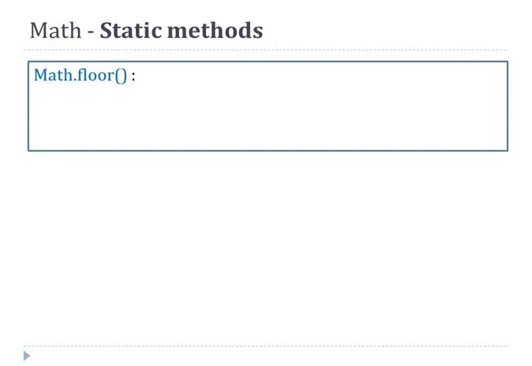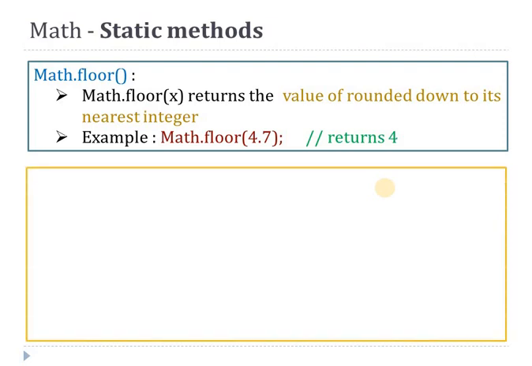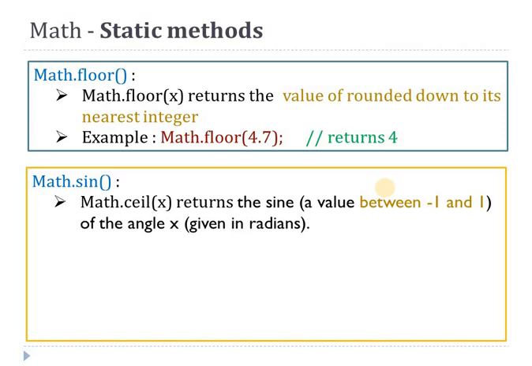After that, the floor function returns the value rounded down to its nearest integer. That means just the opposite of the previous ceil function. For example, if you are passing the value 4.7, then it will round down to its nearest integer, that is 4. After that, let's see Math.sin. This function returns the sine value, and the return value is between -1 and 1, for angle x.